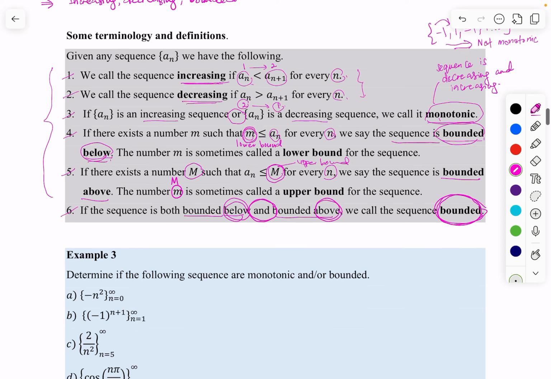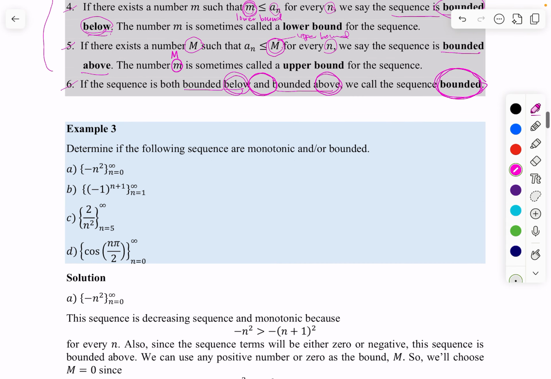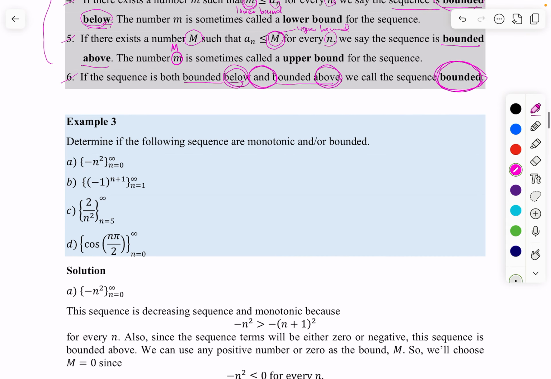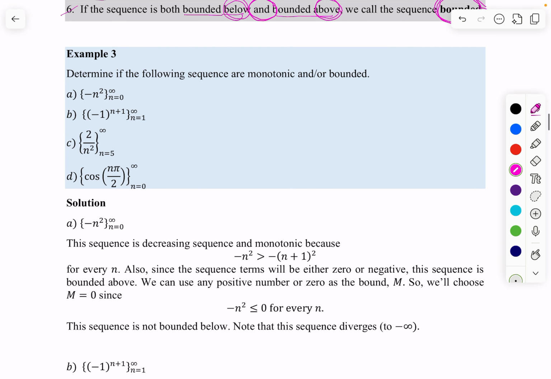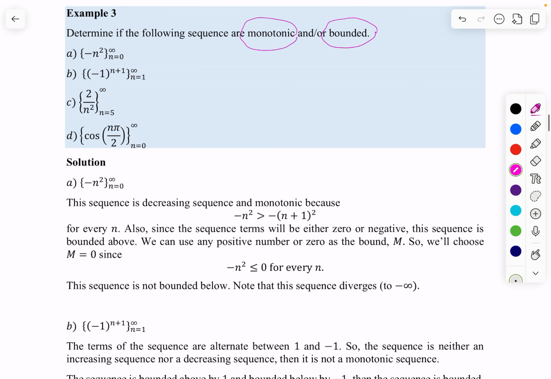Okay, so let us look at example 3. Determine if the following sequences are monotonic and or bounded. How can we determine whether the sequence is monotonic and bounded? You are actually provided the solution.